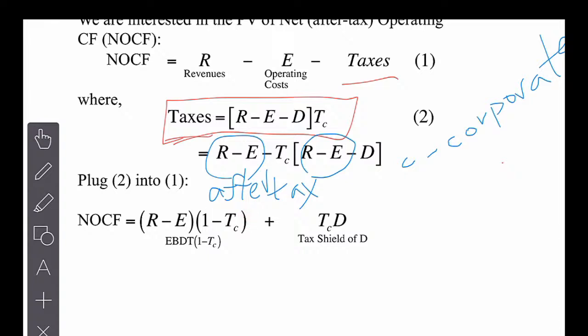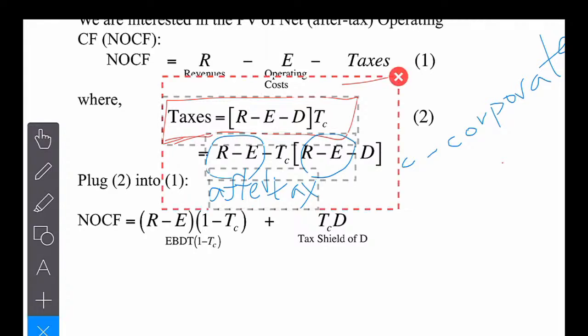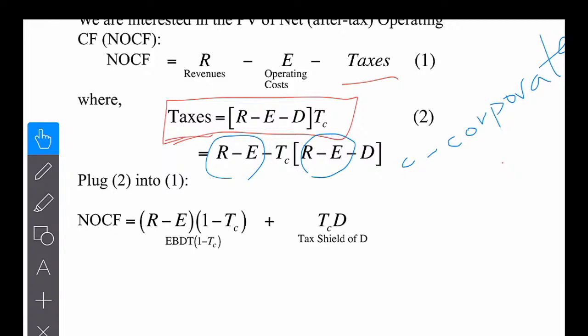What's left? And now when we do that, it leaves us this. How did I get that? Well, all I'm doing is distributing like that, you see? So that is a negative TC times negative D gives me a plus.